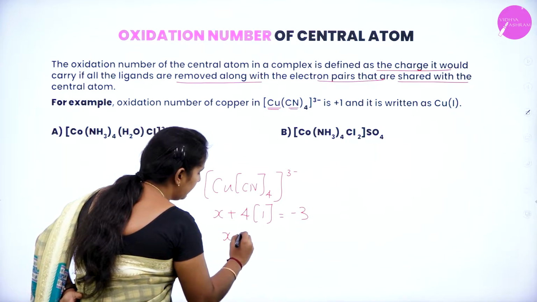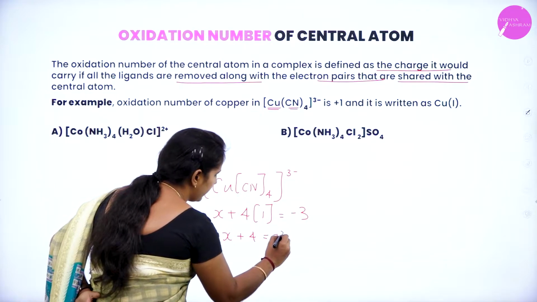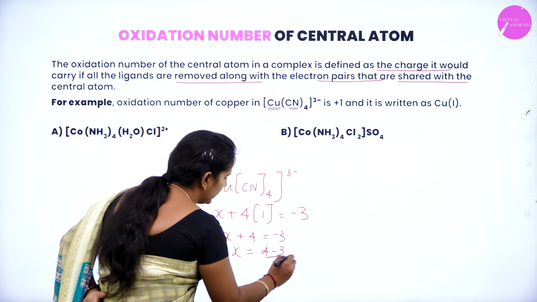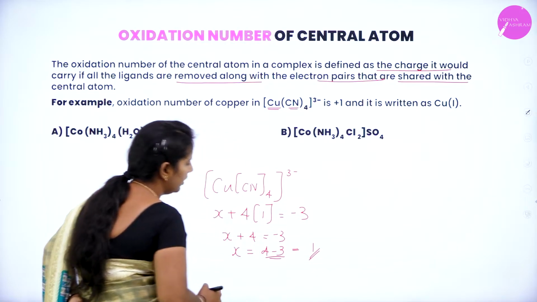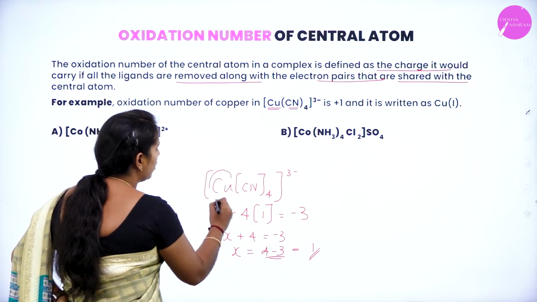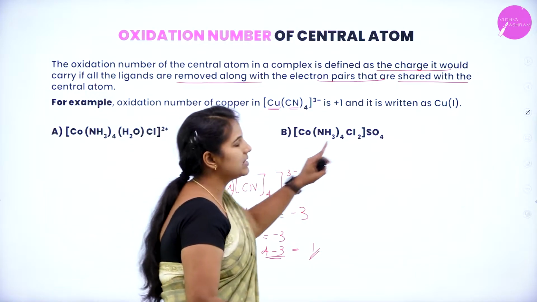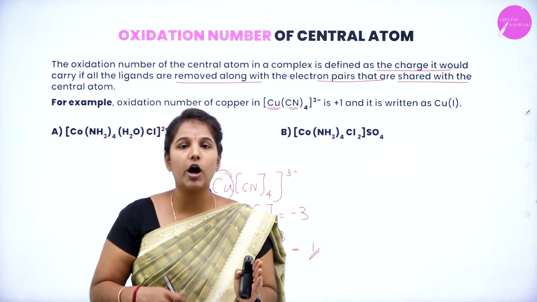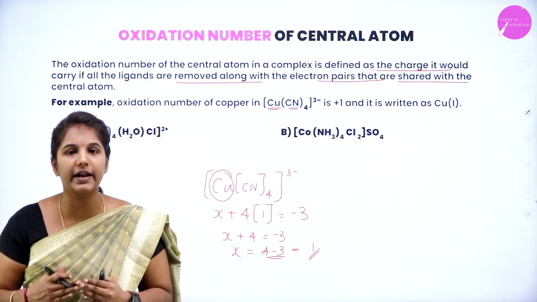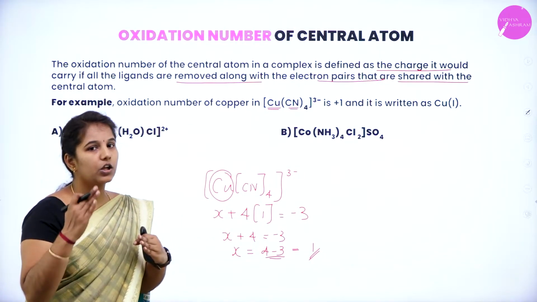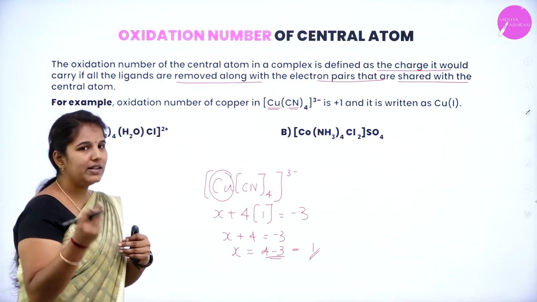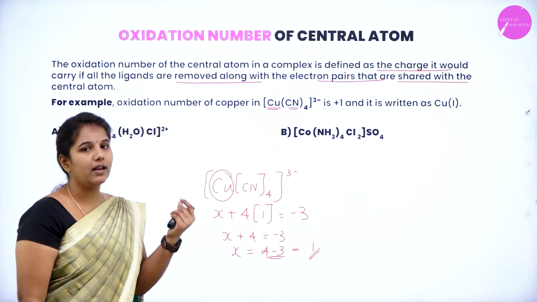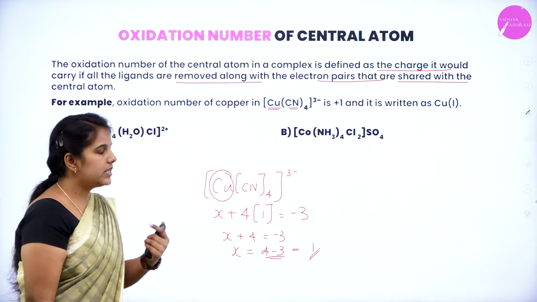So, X plus 4 is equal to minus 3 and X is equal to 4 minus 3, which is nothing but a 1. So, the oxidation number of the copper in this complex is 1. This is how we can easily calculate the oxidation number of the central metal atom in the coordination complexes. We will discuss another 2 examples so that you will understand how to calculate the oxidation number of the central metal atom.